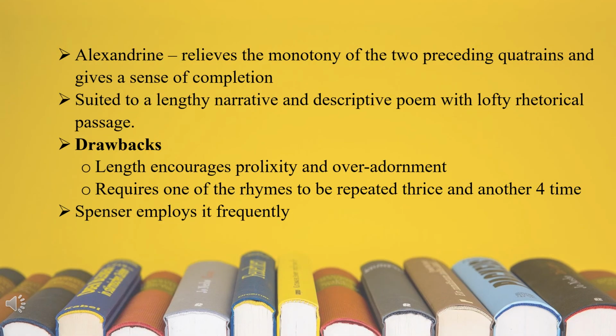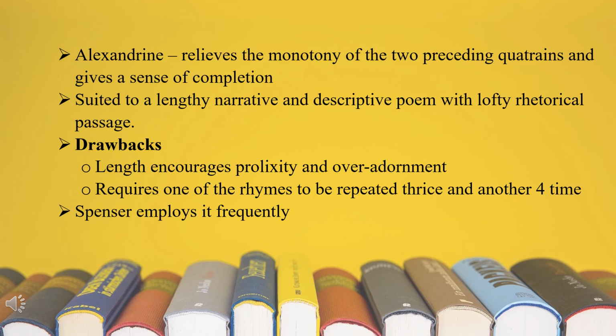The Alexandrian at the end of the stanza relieves the monotony of the 2 preceding quatrains and gives a sense of completion. And it is suited for a lengthy narrative and descriptive poem with a lofty rhetorical passage.